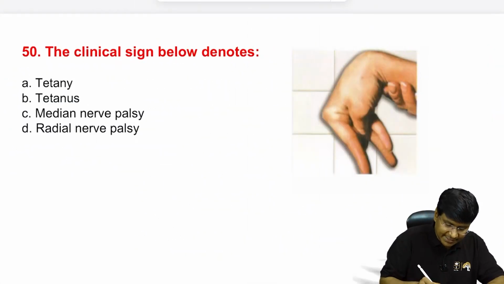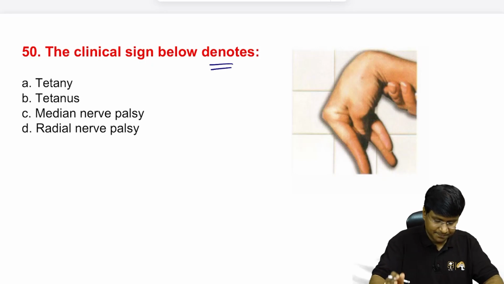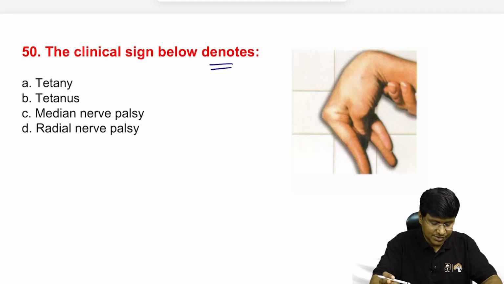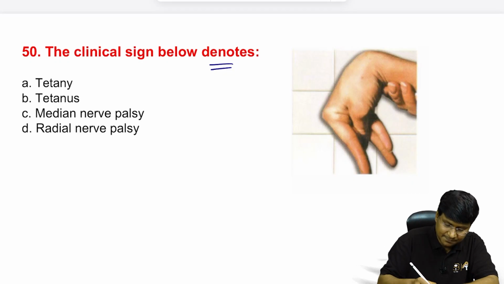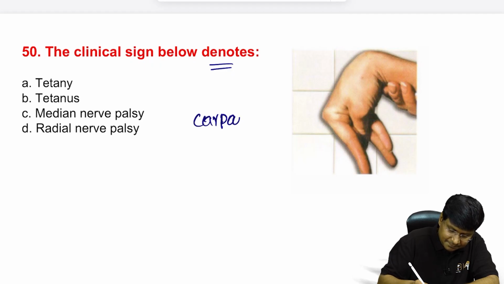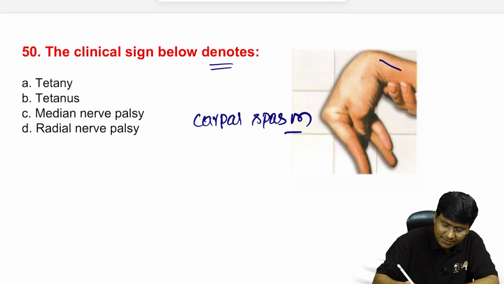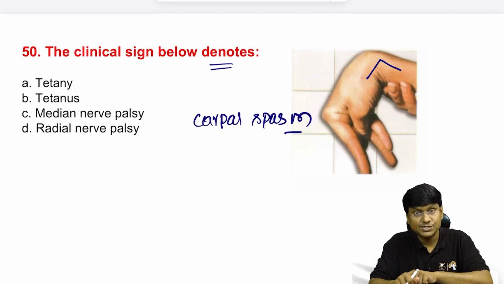Next question. The clinical sign below denotes tetany, tetanus, median nerve palsy, and radial nerve palsy. So what you are observing here is there is carpal spasm, and there is flexion at the wrist.